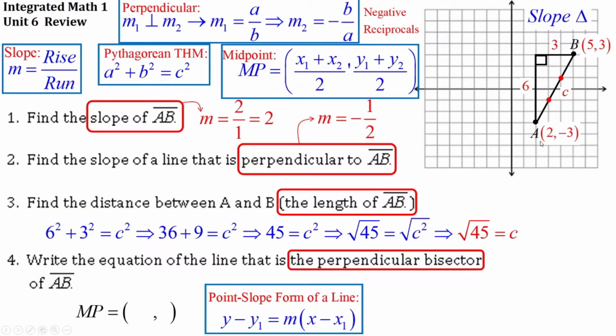That would be 2 plus 5 is 7, and if I take 7 and divide by 2, I'm going to get a 3.5. 3.5 is my x coordinate. And now, let's take the average of y sub 1 and y sub 2, which is going to be -3 plus 3 is 0, and 0 divided by 2 is a 0. So that is the midpoint, (3.5, 0), which is right there. And does that look perfect? It looks perfect to me.